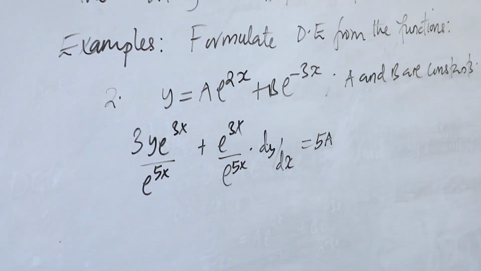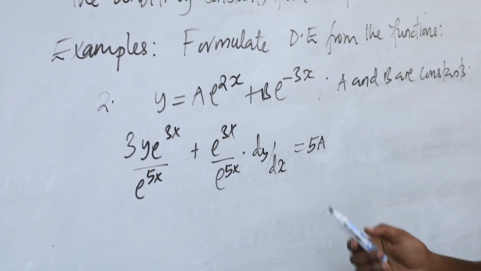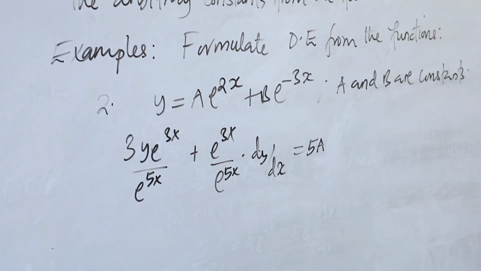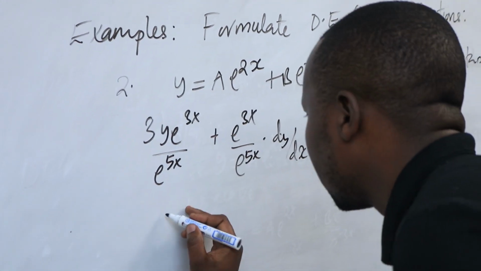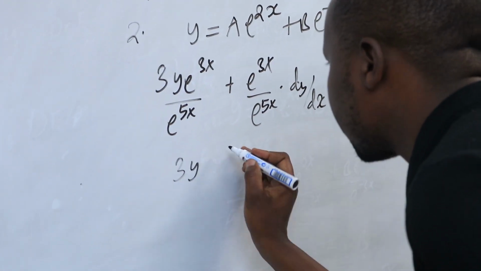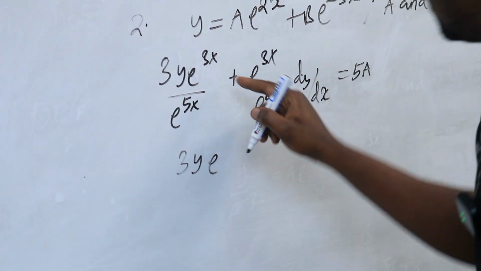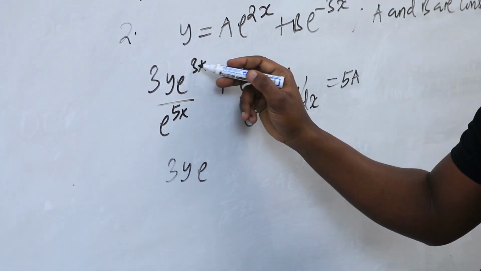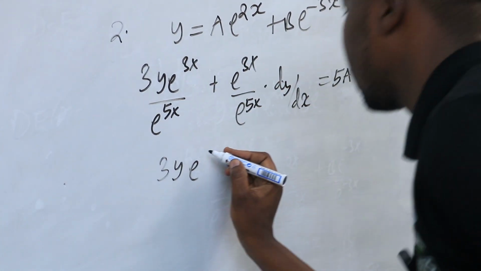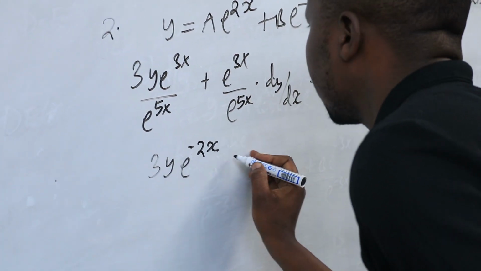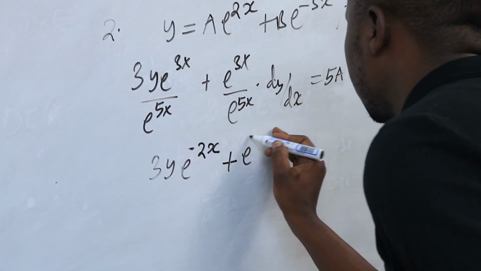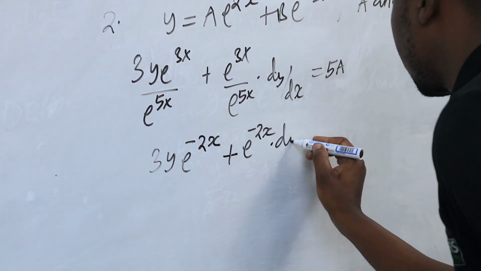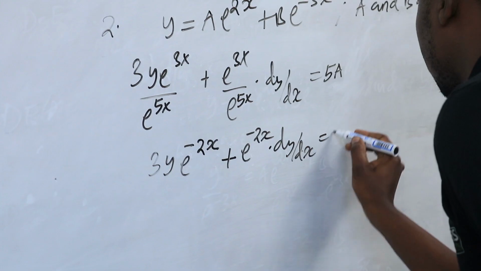So now we have the possibility of eliminating a. By how? We can perform the second differentiation. So we simplify first. Now 3x minus 5x, because we are dividing the same base, so we subtract exponents, becomes minus 2x. Now we plus e to the negative 2x, then dy/dx equals 5a.